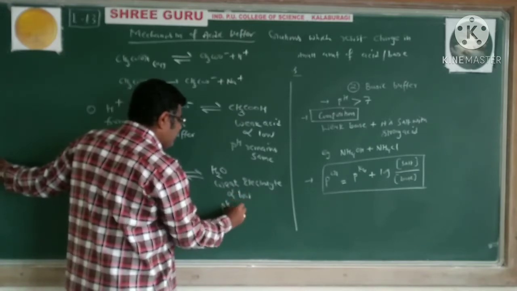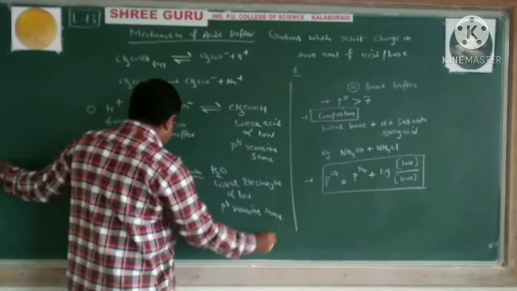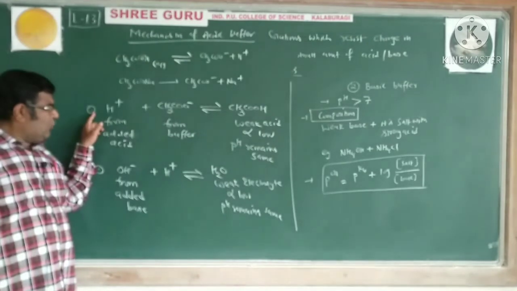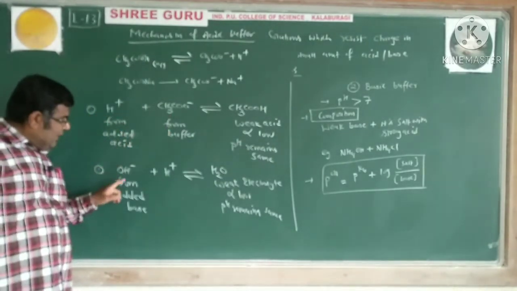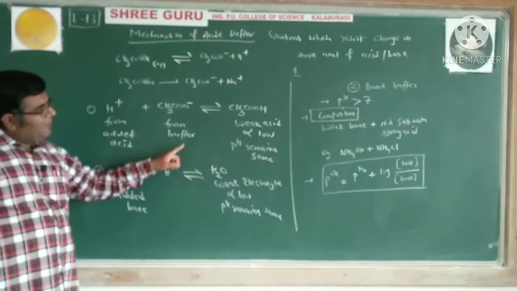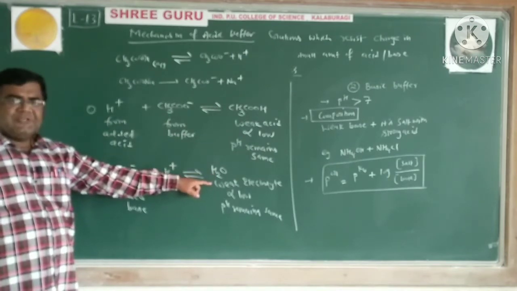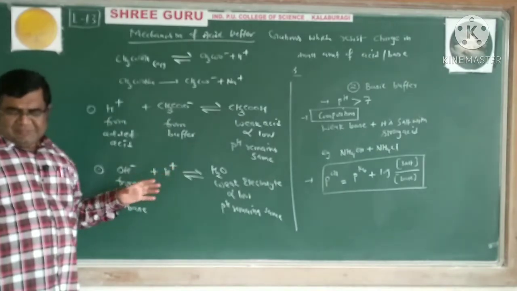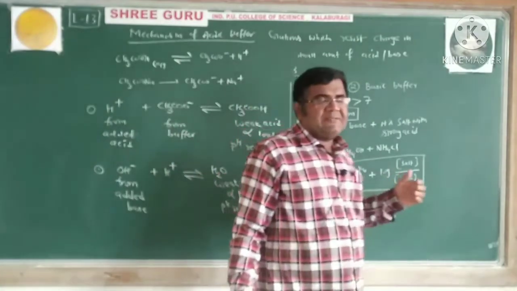And again we can say the pH remains the same. So even though we are adding a small amount of acid, H plus ion is being consumed, and a small amount of base, OH minus ion is also being consumed, and very weak electrolytes are formed out of it, which literally do not produce any H plus ion. That's why pH will not get affected. That's how the acidic buffer works.